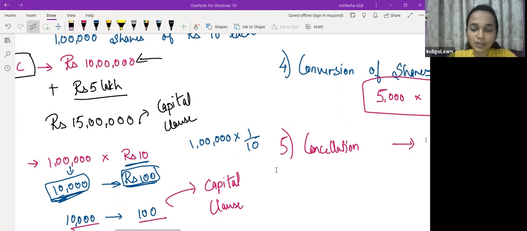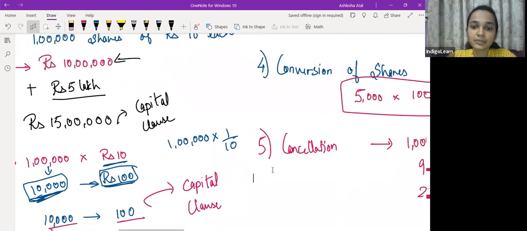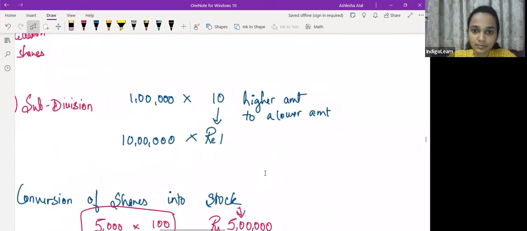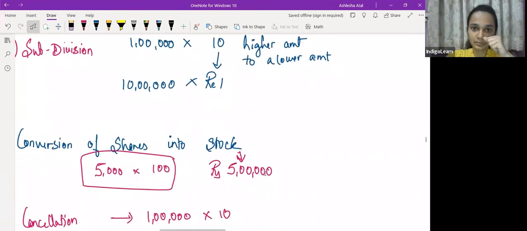You can take a screenshot, you can do anything, whatever is convenient to you. Done?